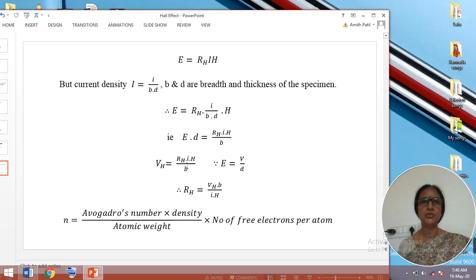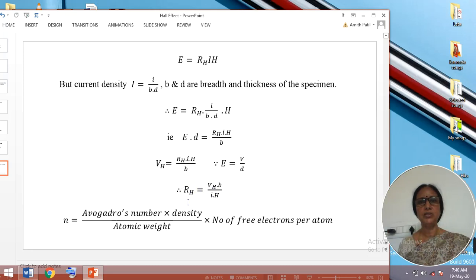So this expression reduces to VH equals RH into I into H divided by B. As I am interested in calculating the Hall coefficient, just cross multiply it, keeping RH on the left hand side, and we get the final expression for determination of the Hall coefficient in the laboratory: RH equals VH into B divided by I into H. So if the Hall voltage developed in the specimen is measured, the breadth of the specimen is known, the amount of current flowing in the specimen is known, and the strength of the field applied is known, then one can calculate the Hall coefficient in the laboratory.